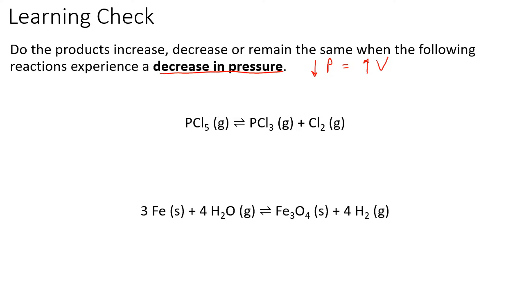In this case, we have PCl5 in equilibrium with PCl3 and Cl2. We have 1 mole of gas on the reactant side. We have a total of 2 moles of gas on the product side. If we decrease that pressure, we're going to allow the system to shift to the side with the greater number of moles of gas.